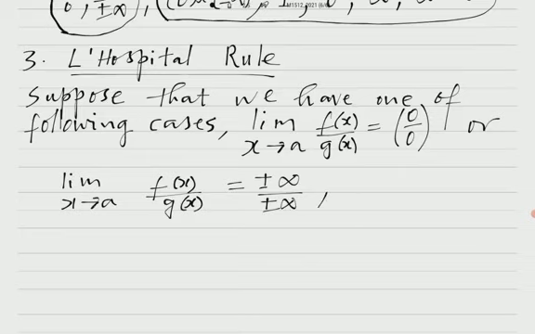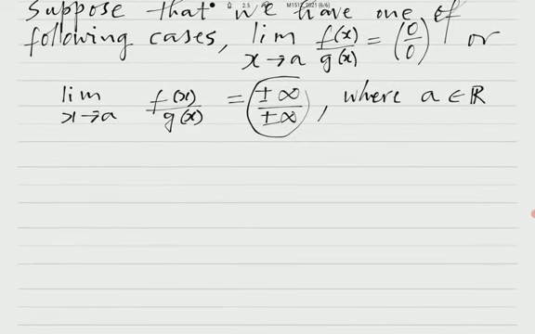So once we have these two, that's where L'Hospital is going to apply. If we have this one or this one, where here a is just a real number that we can pick, or it could also be plus or minus infinity.